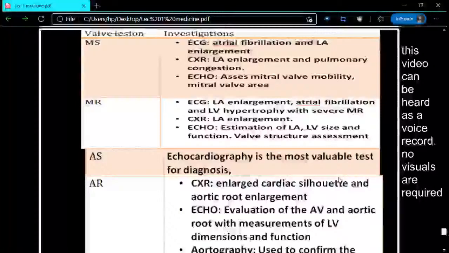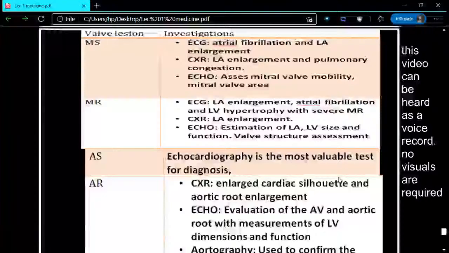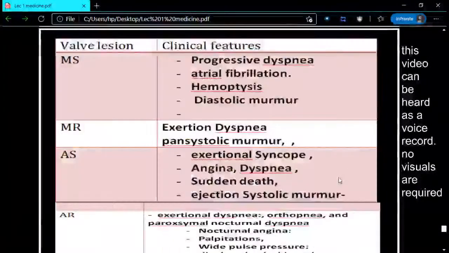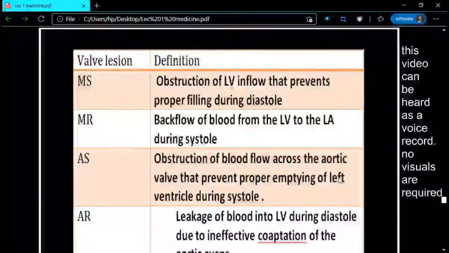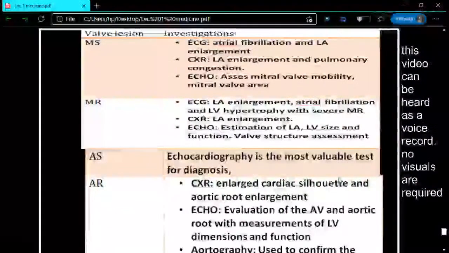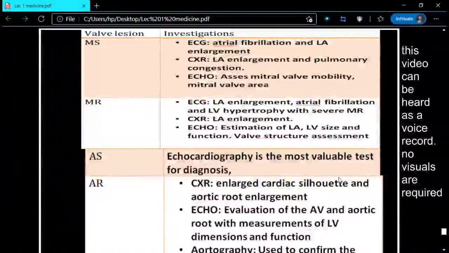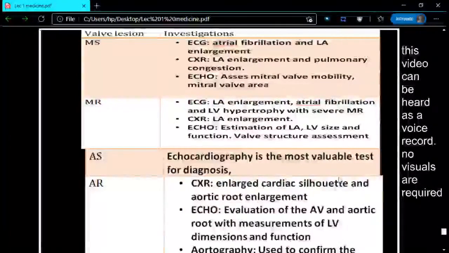Investigations of the MS, the obstruction of the ventricular filling during diastole, as we studied. Improper filling by SHA, fibrillation, enlargement of LA.